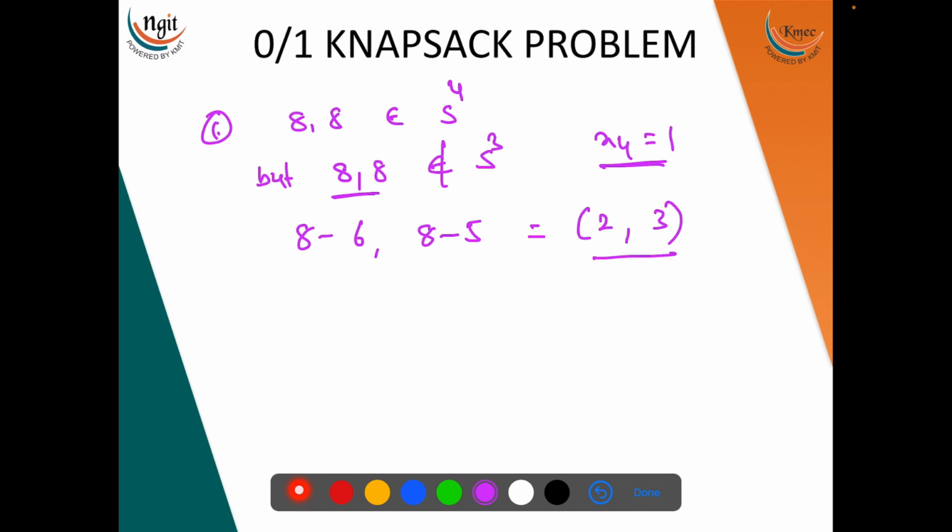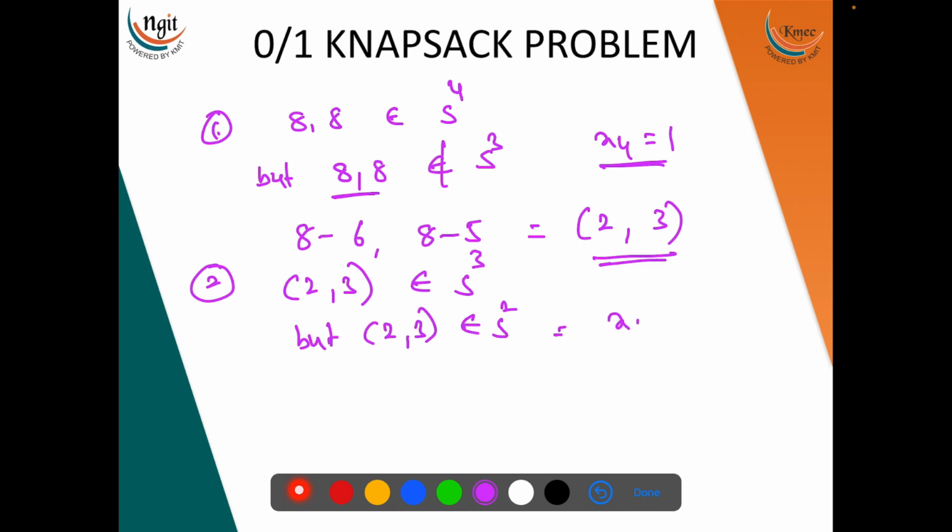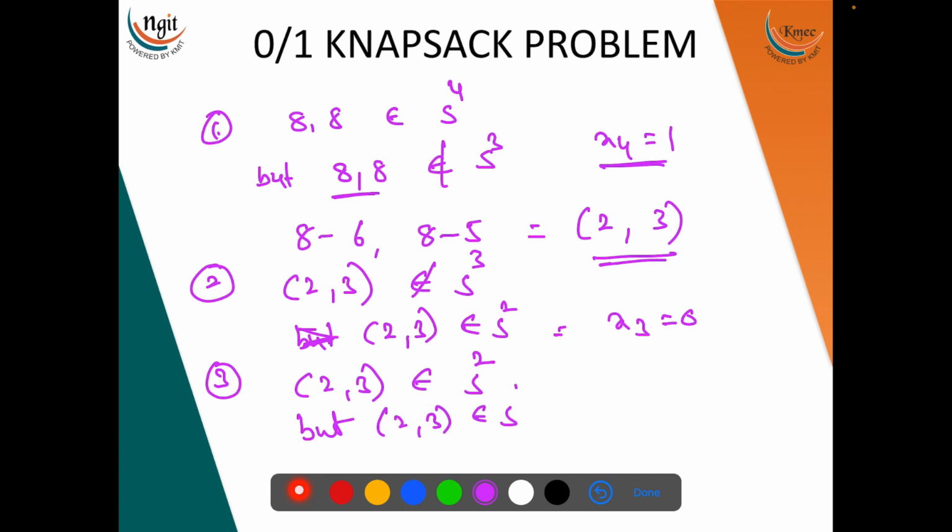Now let's see whether the 2 comma 3 pair is there in any other set. The 2 comma 3 pair belongs to S3. But 2 comma 3 does not belong to S2. That means the X3 item is not placed. And 2 comma 3 belongs to S2, but 2 comma 3 does not belong to S1.